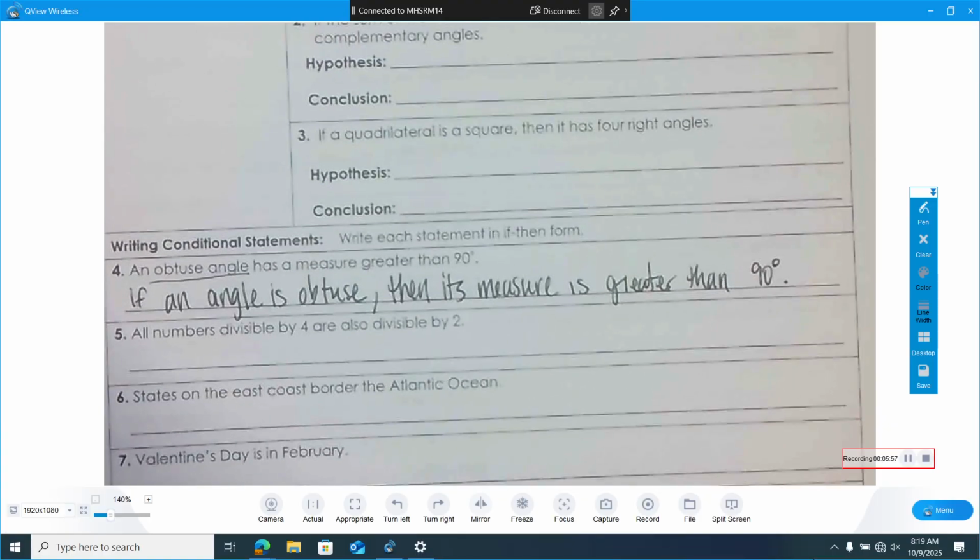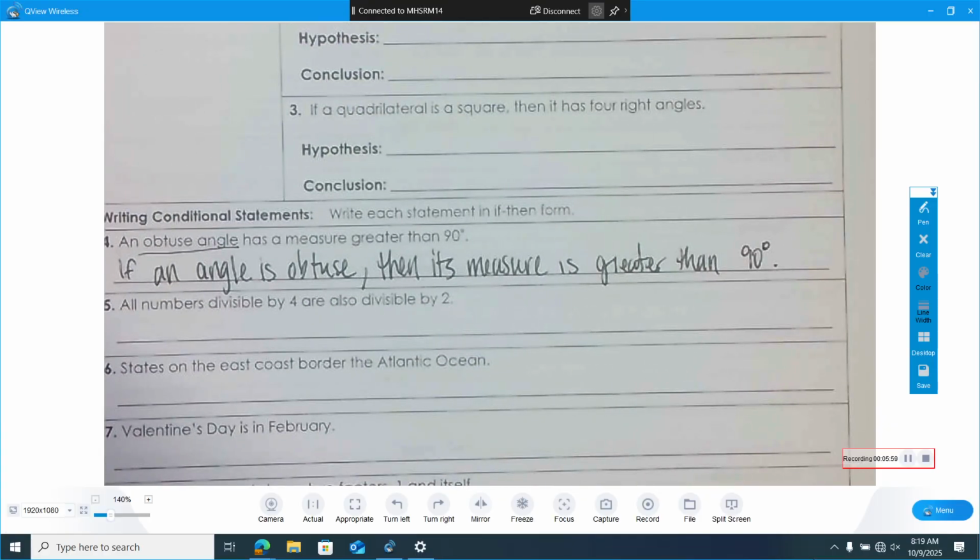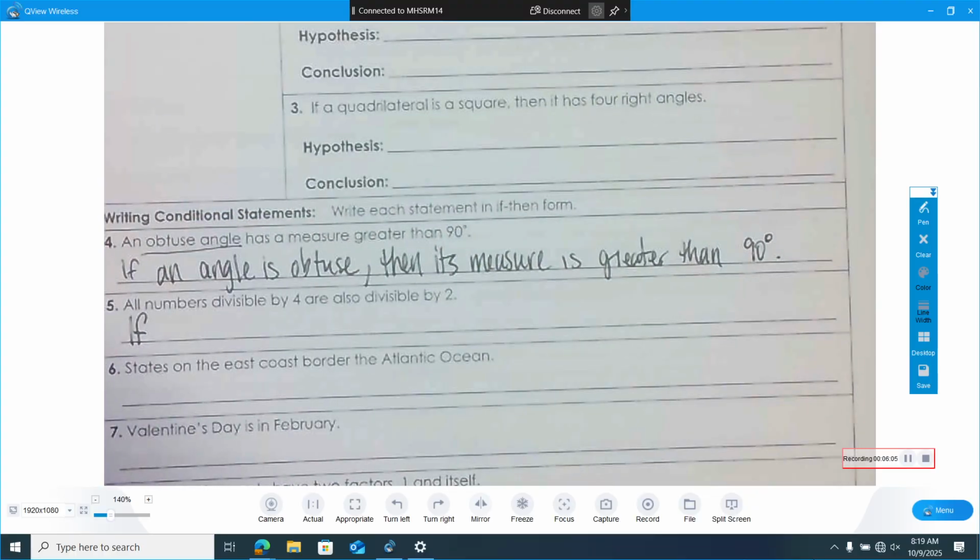Let's look at number 5. All numbers divisible by 4 are also divisible by 2. How can we write that using an if?